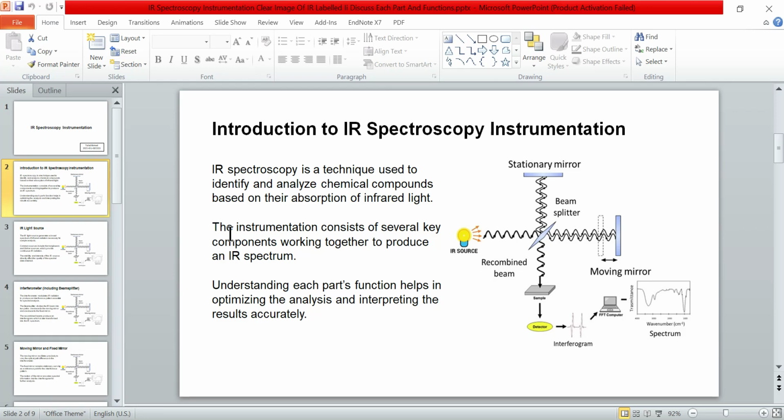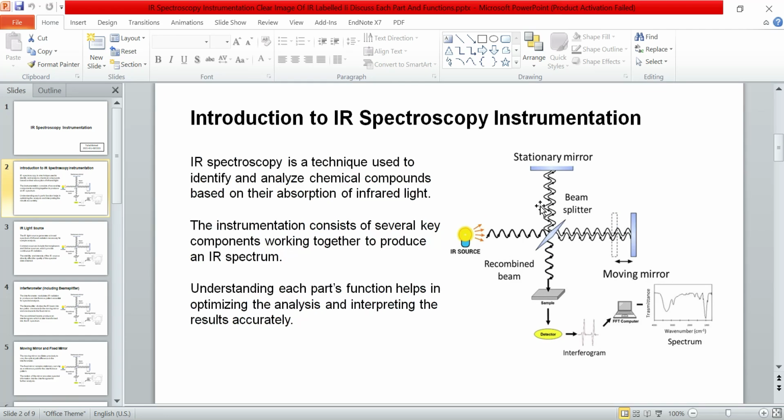So the instrumentation consists of several key components working together to produce an IR spectrum. This is the structure of IR, in which we have a light source, the IR source, and the recombined beam.